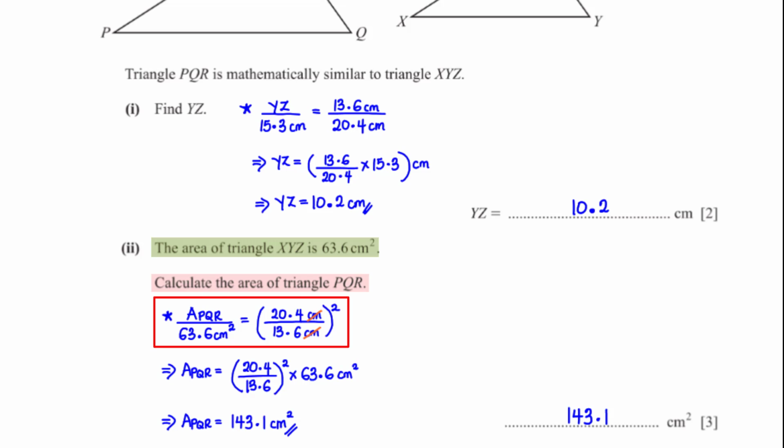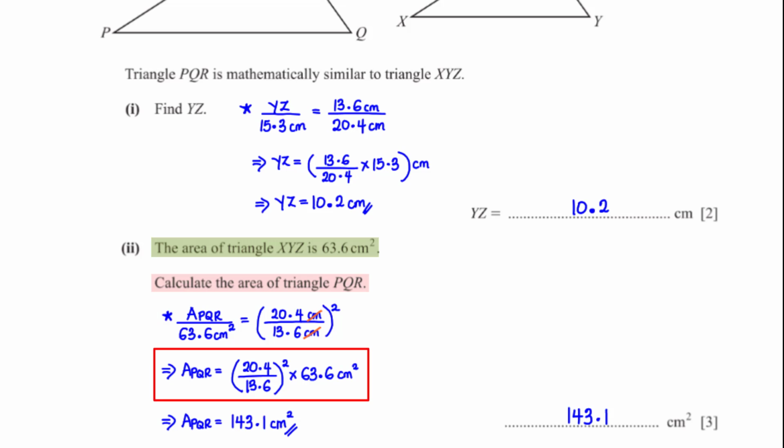So we have the area of triangle PQR divided by 63.6 centimeters squared equals 20.4 centimeters divided by 13.6 centimeters, all squared. When we make the area of PQR the subject, this is what we have. When we type this into the calculator, we get 143.1 centimeters squared.